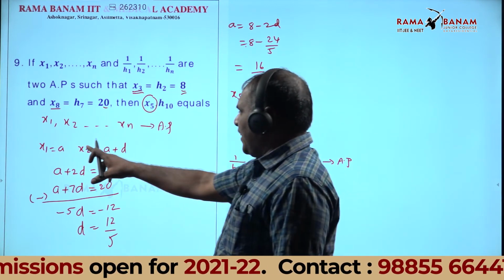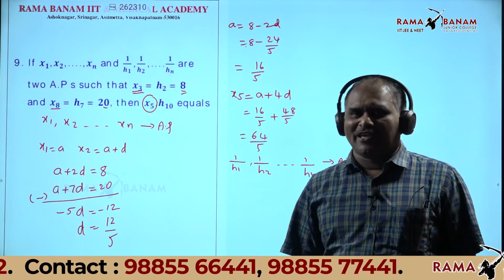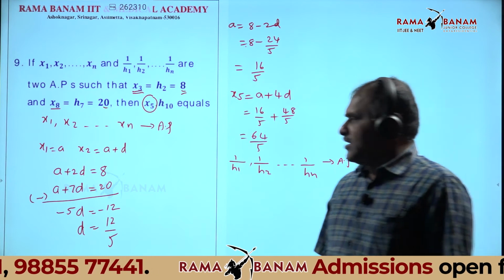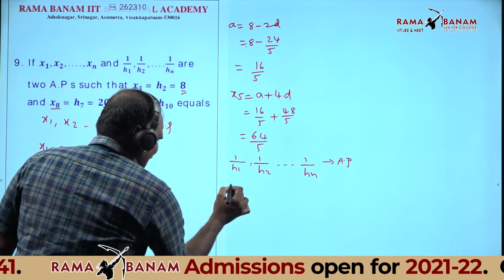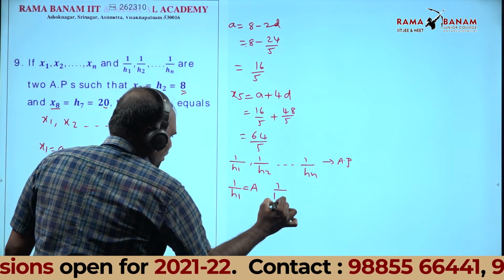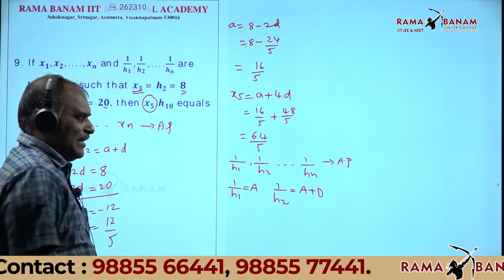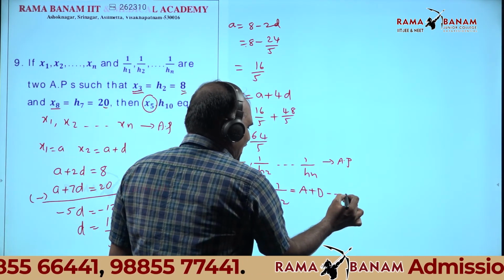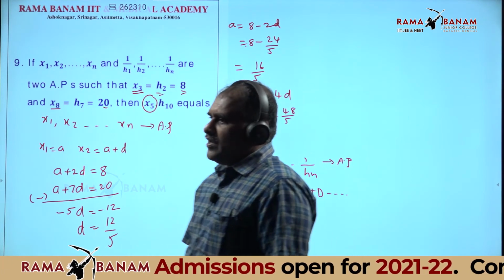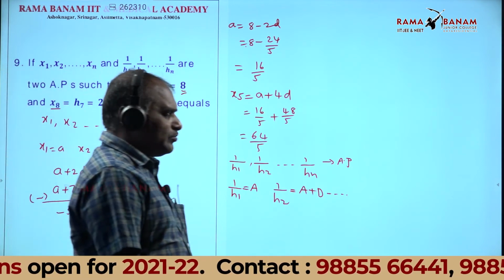Already small a and small d I have used, that's why in this series I can use capital A and capital D. Here, 1 by h1 is equal to capital A, 1 by h2 is equal to A plus capital D, etc. But what is given here? h2 is given. What is the 1 by h2 value?